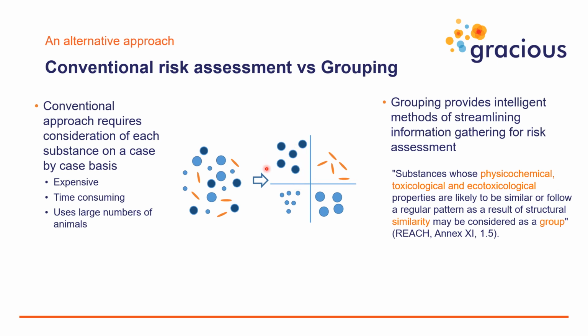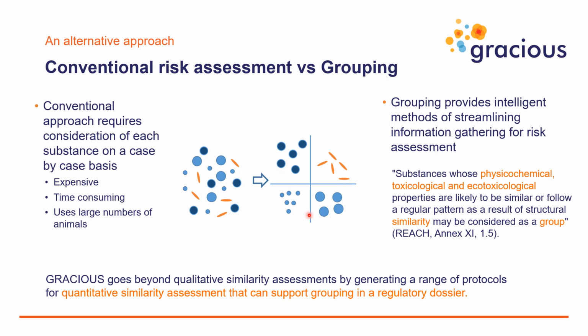So if you then generate a group, you can have a look at the hazard data for your group members, and then that allows you to read across or copy hazard data from one substance to another within the same group if they're sufficiently similar to each other, therefore reducing the amount of toxicology studies required.